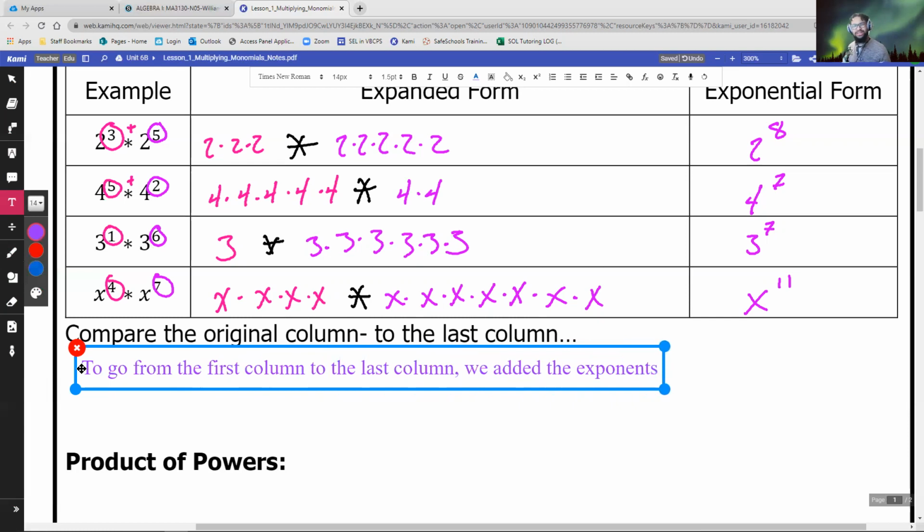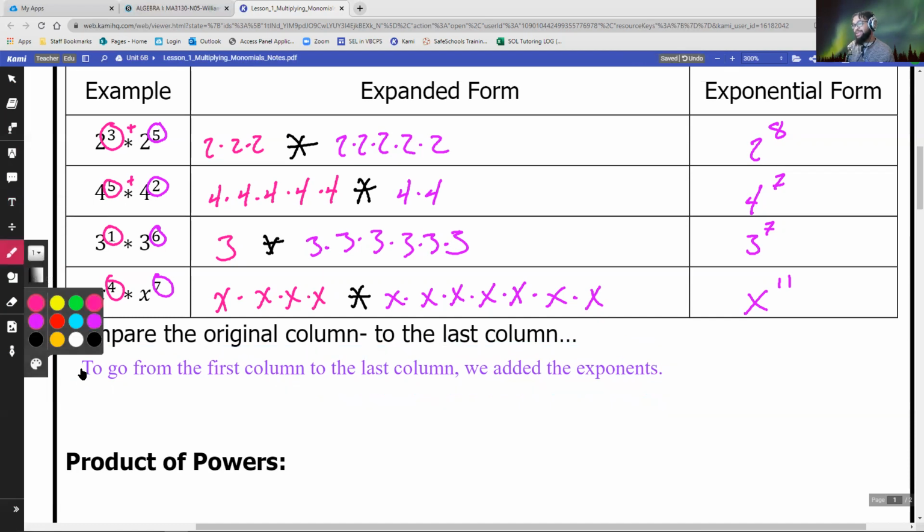And I kind of mentioned that a little bit in passing with the last unit. The basis of this has to deal with literally adding these exponents. That's the important part for this.